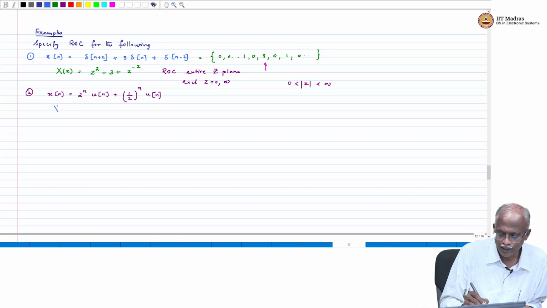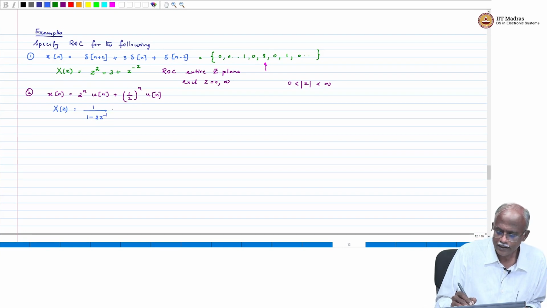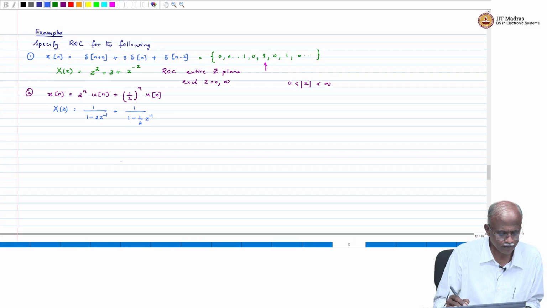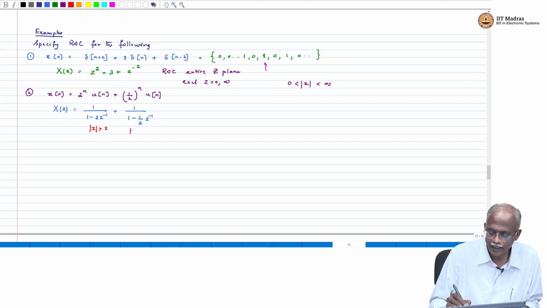So X of z, first term, 1 over 1 minus 2 z inverse. Okay, and the second term is 1 over 1 minus 1 half z inverse. What are the respective regions of convergence? Mod z greater than 2, because 2 z inverse must be less than 1, therefore mod z will be greater than 2, and in this case it will be mod z greater than half.